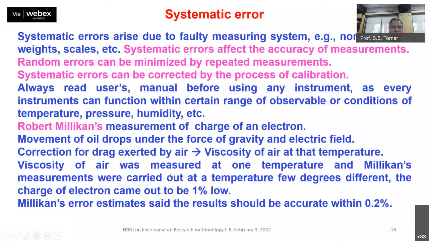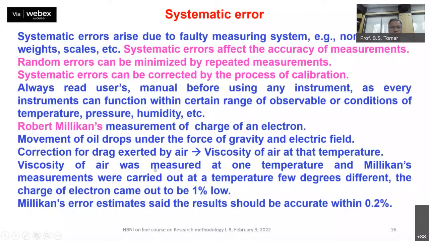Like the example which I narrated earlier, Millikan's measurement of the charge of an electron based on the movement of oil drops under the force of gravity and an applied electric field, wherein you have to correct for the drag exerted by the air. And to correct for the drag, you should know the viscosity of the air at that temperature.